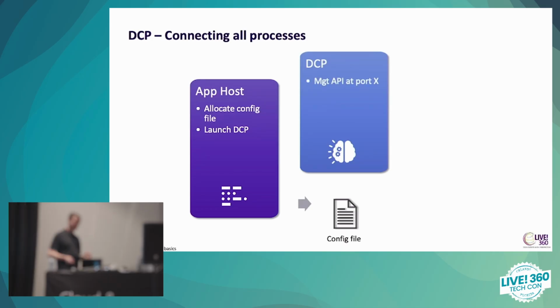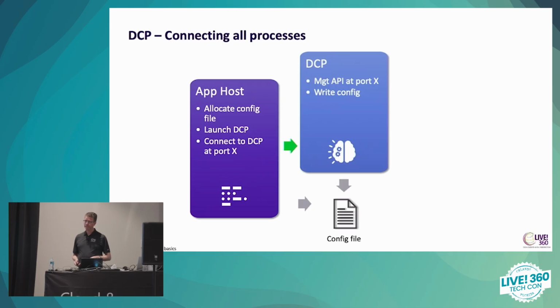DCP will start up, it will pick a random port to start listening at, and then it will put the information to connect to it in that configuration file. So this is the way that the app host knows, okay, so the DCP lives here and here. So it can connect to DCP and start sending the application graph.